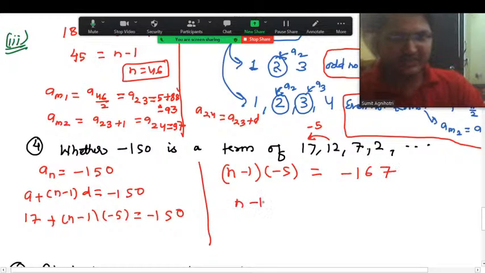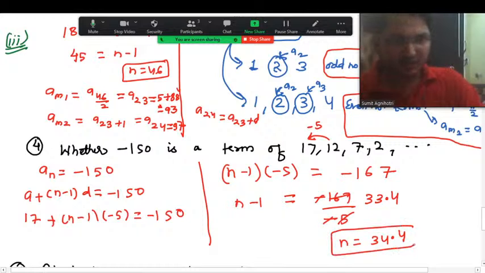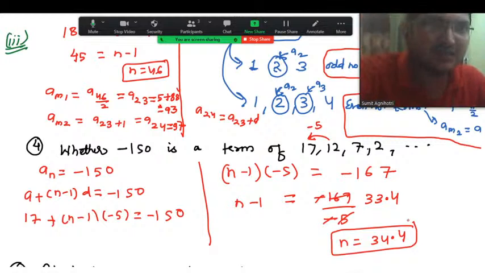And now you can just divide by minus 5. Minus minus get cancelled out, 5 3s are 15, and again 5 3s are 15, 5 4s are 20. Finally you got n being 34.4, and if your n is in decimal, n indicates term. Term means counting, and if your value is in decimal, what does it indicate?